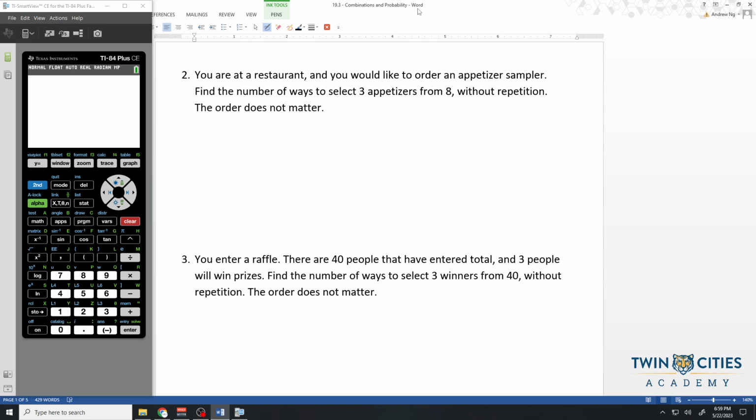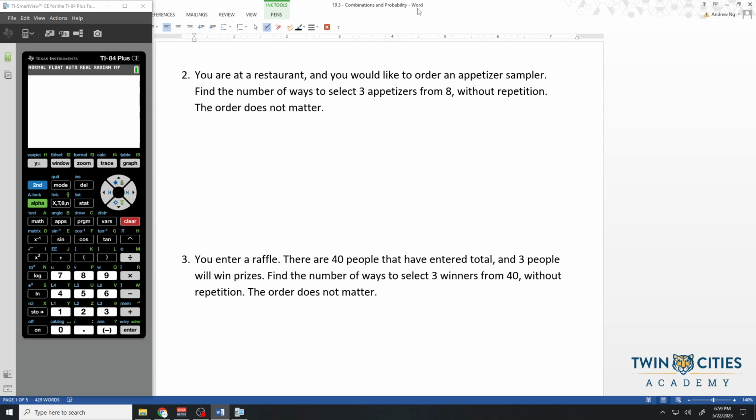Now, the order in which you tell your server shouldn't matter whether you order boneless wings, mozzarella sticks, and nachos. Okay, let's say that you want to go with those 3. It's the exact same thing as if you said mozzarella sticks, nachos, boneless wings. As long as that order gets put into the kitchen and your food comes to the table, it's not going to matter which way you say it.